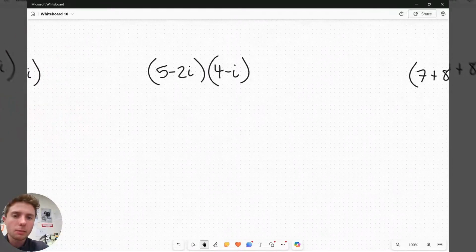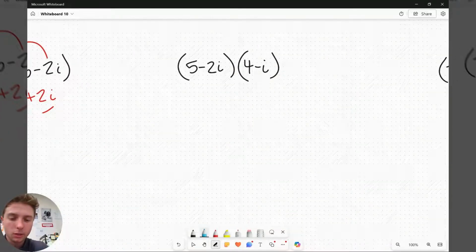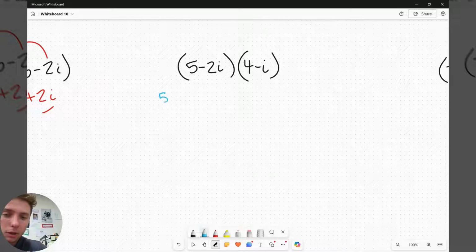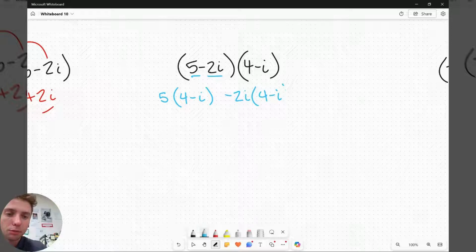The math gets a little more interesting when we start to look at multiplying complex numbers. The process is still the same as multiplying any polynomial. One way you can show that is by taking what's in the first set of parentheses and multiplying it with the second set. So 5 times 4 minus i, and the negative 2i times the second set of parentheses as well.